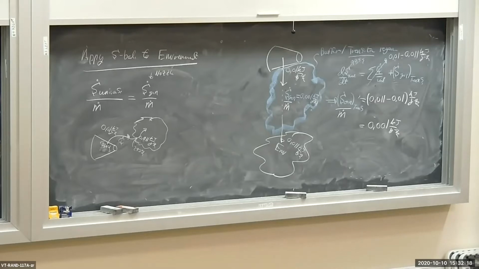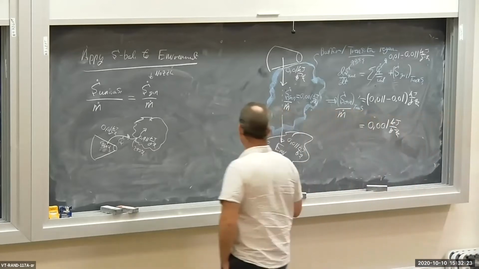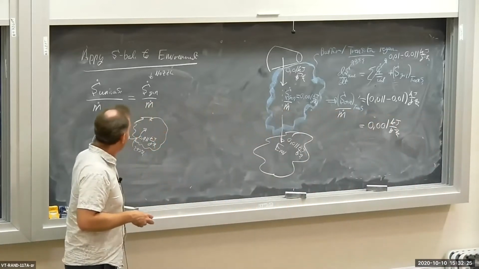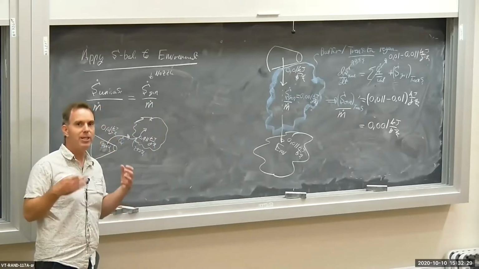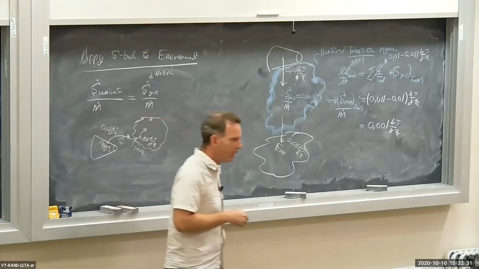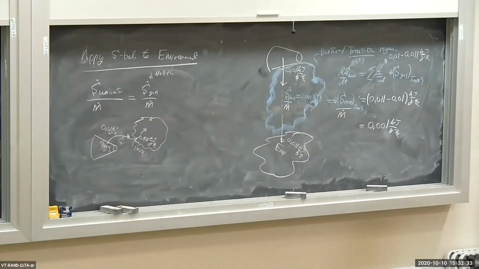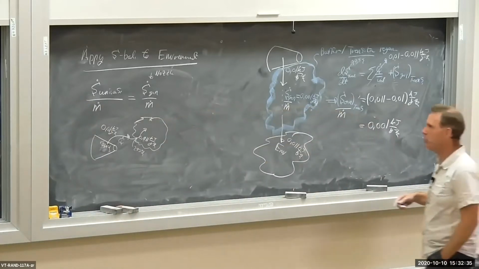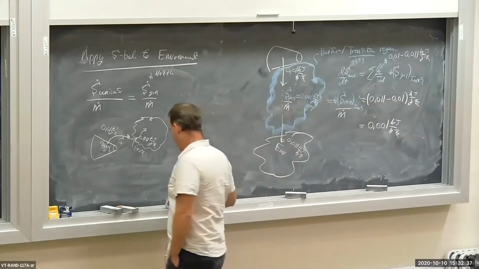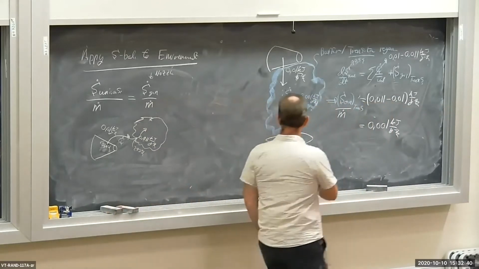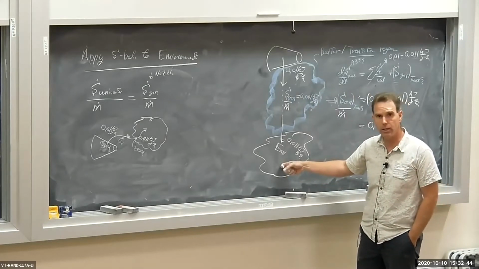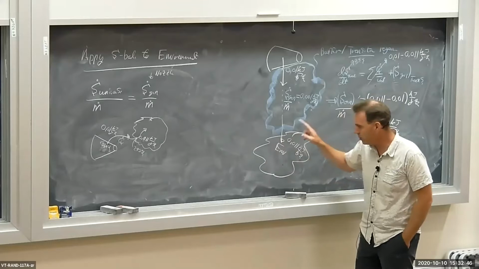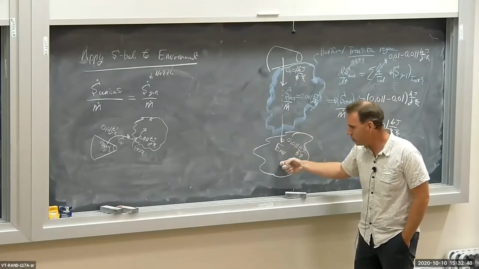Okay, so this has been a long elaboration, but I think this is worth looking at. The change in entropy of the universe is the sum of all the entropy generated due to irreversibilities. So I've got entropy being generated in the nozzle. I have no entropy being generated in the environment because it's reversible heat transfer. The environment is at the environmental temperature, so there's no S-gen in here.